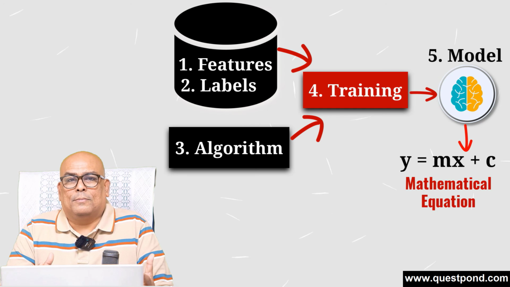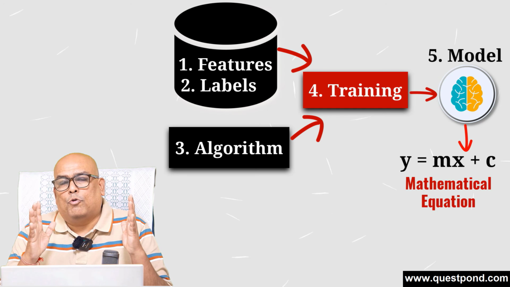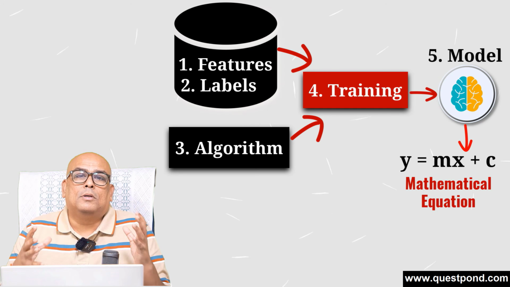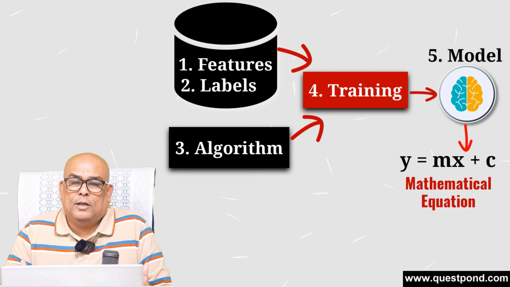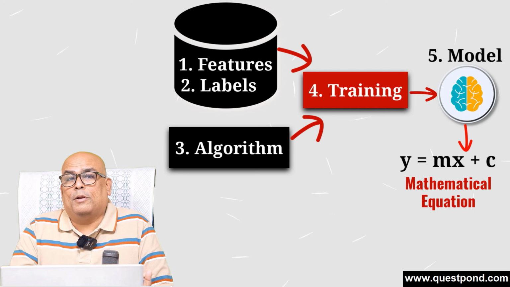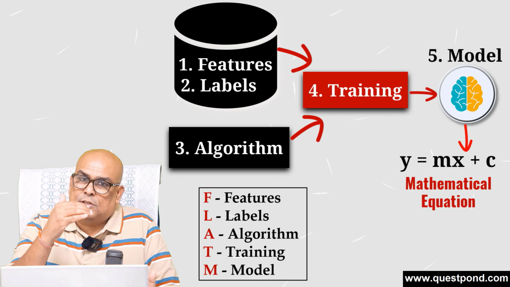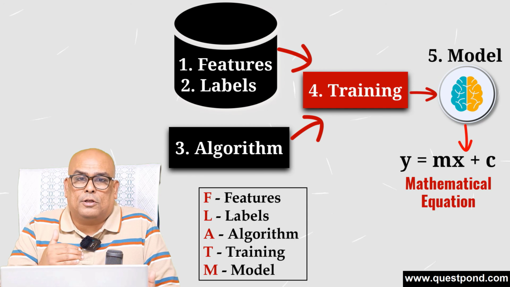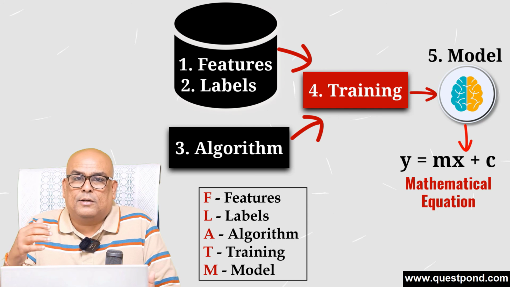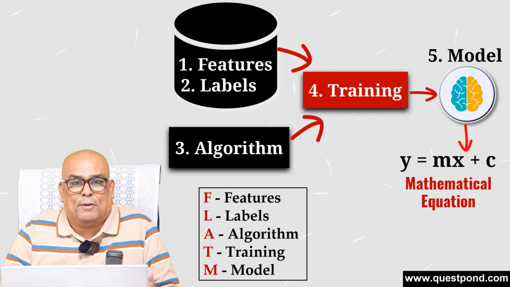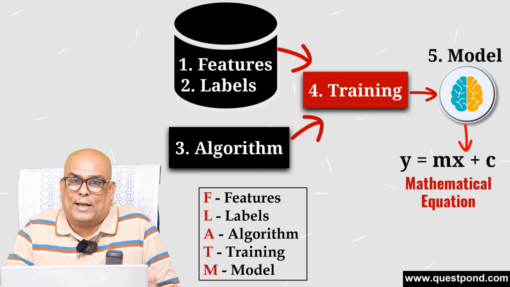So remember, these four things form the base of machine learning. You can remember them with the word FLATM: Features, Labels, Algorithm, Train it, and the Model. If you like this acronym FLATM, please put it in the comments.